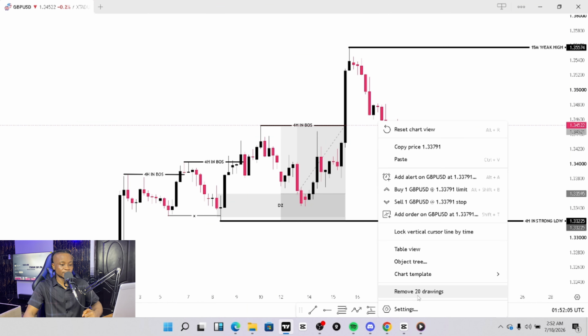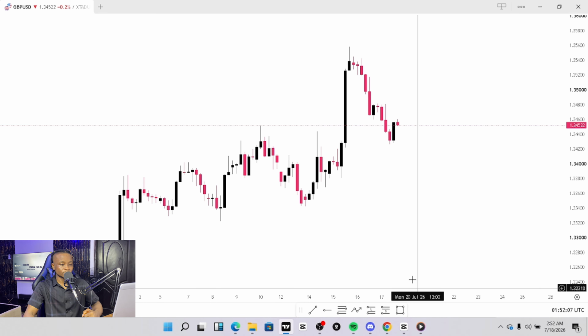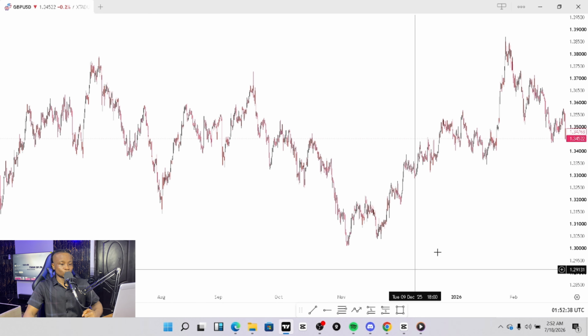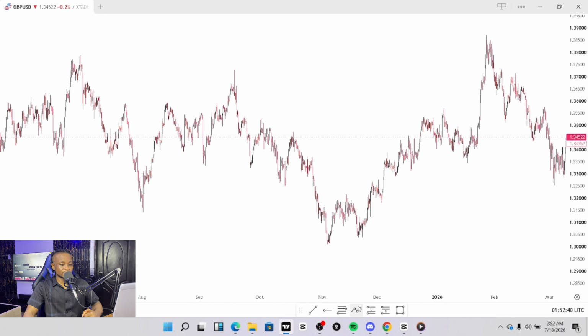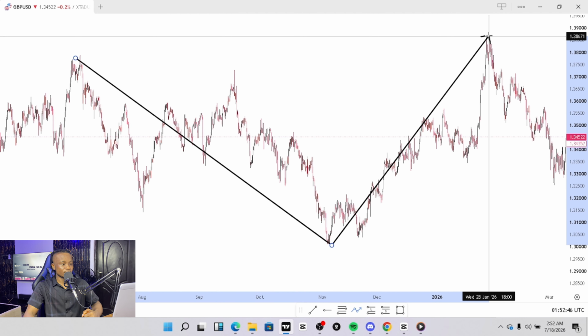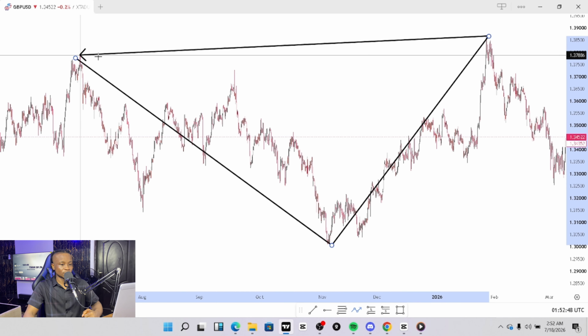If I clean up my chart, now I have to squeeze this market. So as you can see on my screen, GBPUSD pro trend is bullish. After this pullback, GBPUSD made its way back up to break structure here.